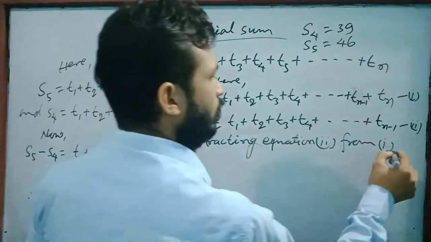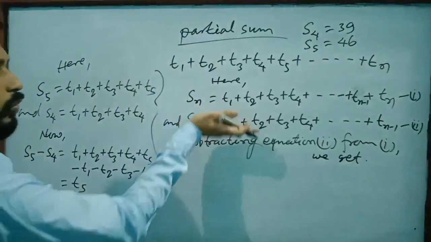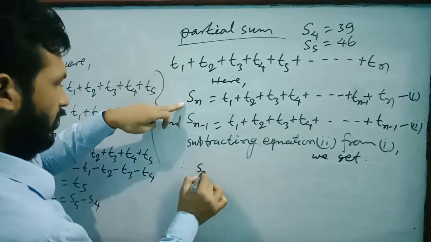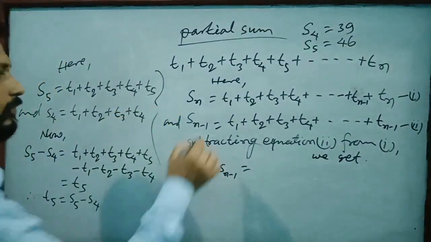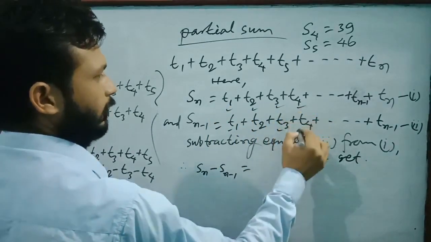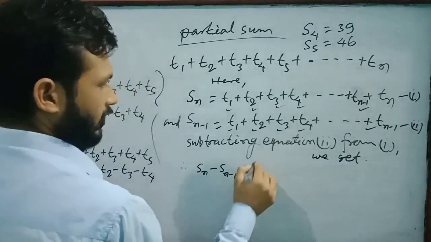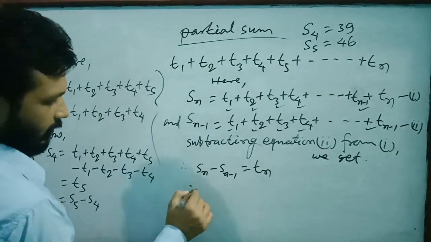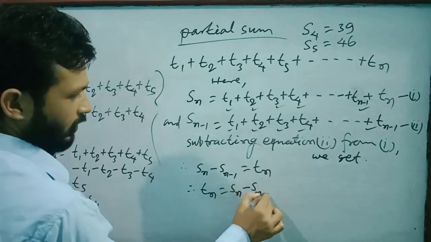Subtracting equation 2 from 1, we get Sn minus Sn minus 1. Then T1 cancels, T2 cancels, T3 cancels, T4 cancels. Up to where does it cancel? Up to here. What remains here? Tn. Understood? Okay. Therefore Tn equal to Sn minus Sn minus 1.